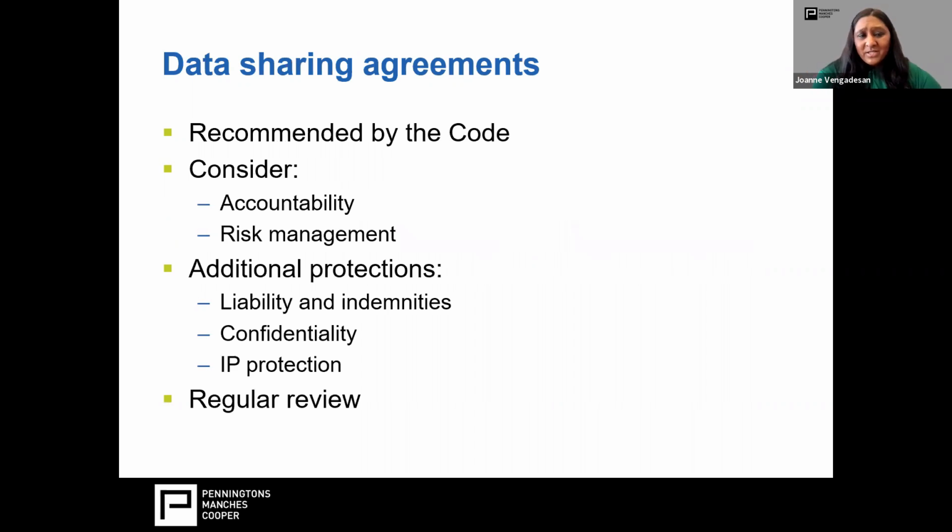So data sharing agreements are recommended by the ICO's Code of Practice, and they will typically contain controller-to-controller or controller-to-processor obligations relating to the purposes of the data, how data is going to be treated when it is shared, and there will be provisions needed, as I mentioned, to address communications to data subjects, and also how to engage with the other party if individuals exercise their rights under these regulations.